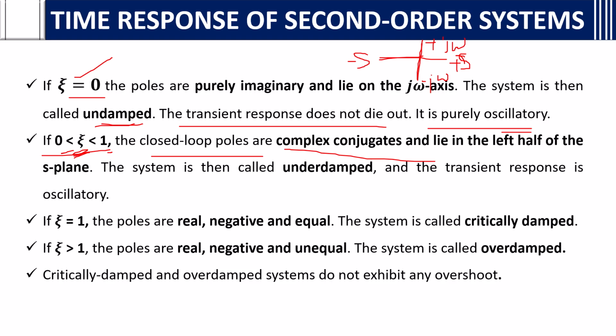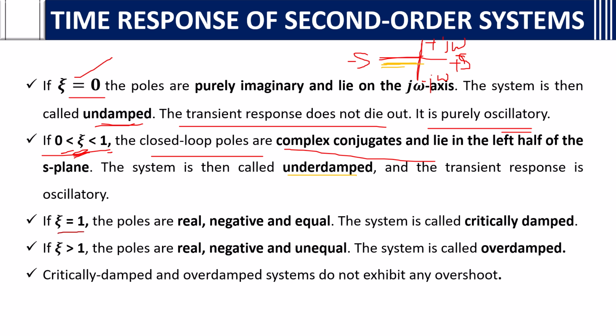I will mark it with a different color so you can understand. They lie on the left half of the S plane. The system is then called underdamped. The transient response is just oscillatory, not purely oscillatory.